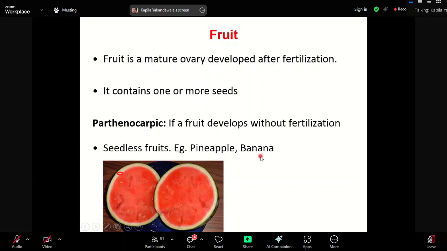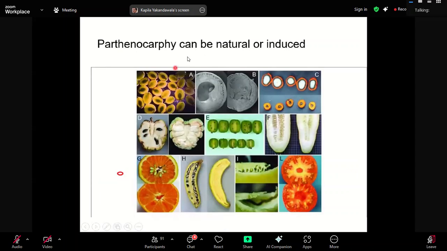Like banana. Naturally a banana has seeds, but ordinary developed bananas don't have any seeds. Pineapple doesn't have any seeds because they develop without fertilization. That is called parthenocarpy. This can be artificially induced or it can be naturally present. As you see here in oranges, it is artificially induced to produce seedless oranges.